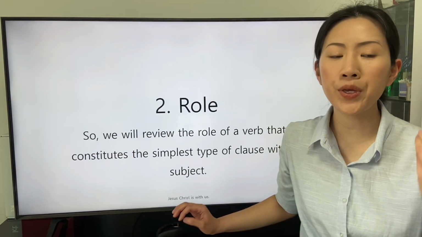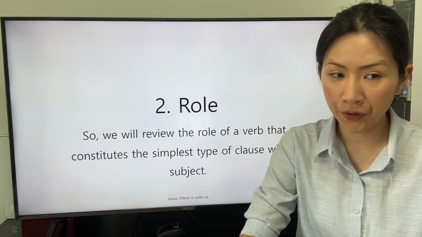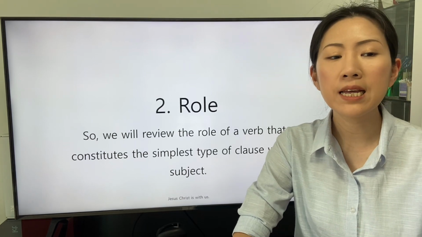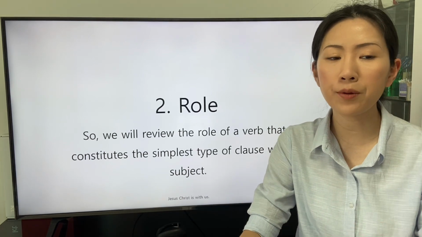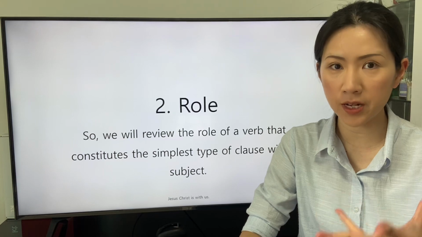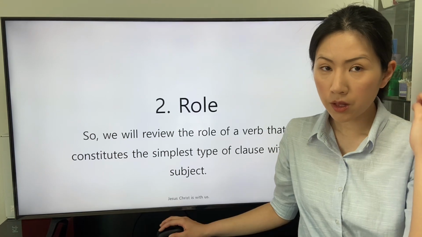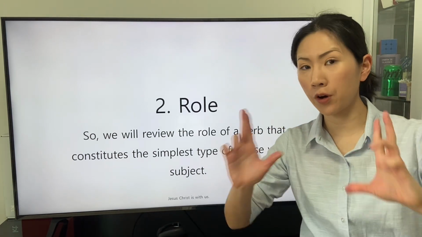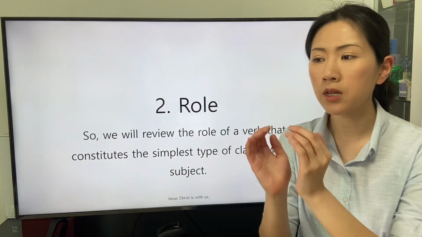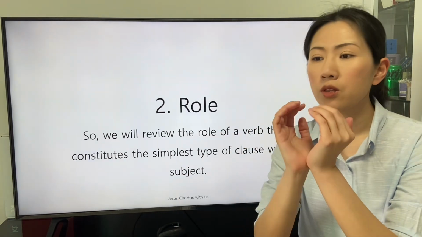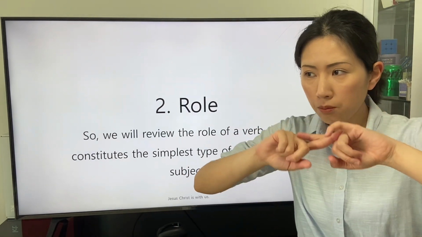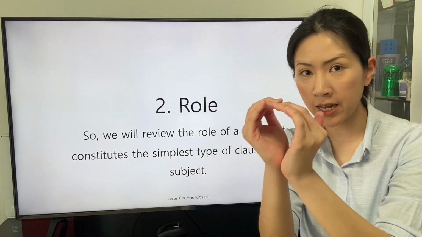So, we will review the role of a verb that constitutes the simplest type of clause with the subject. The description by a verb in the subordinate clause enlarges the boundary of the indication.